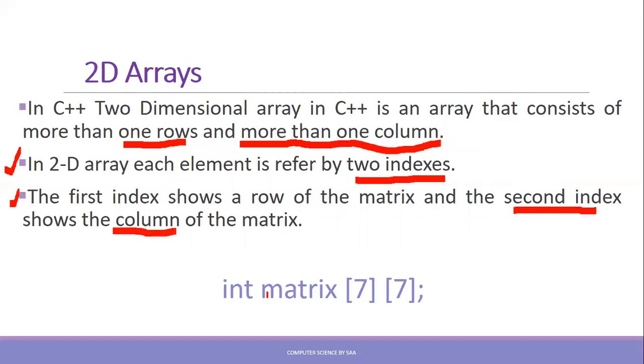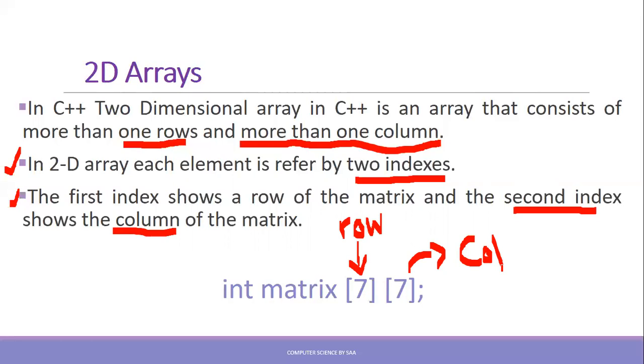For example, over here, this first 7 shows the number of rows, meaning this matrix will contain 7 rows, and this 7 means there will be 7 columns in this array.